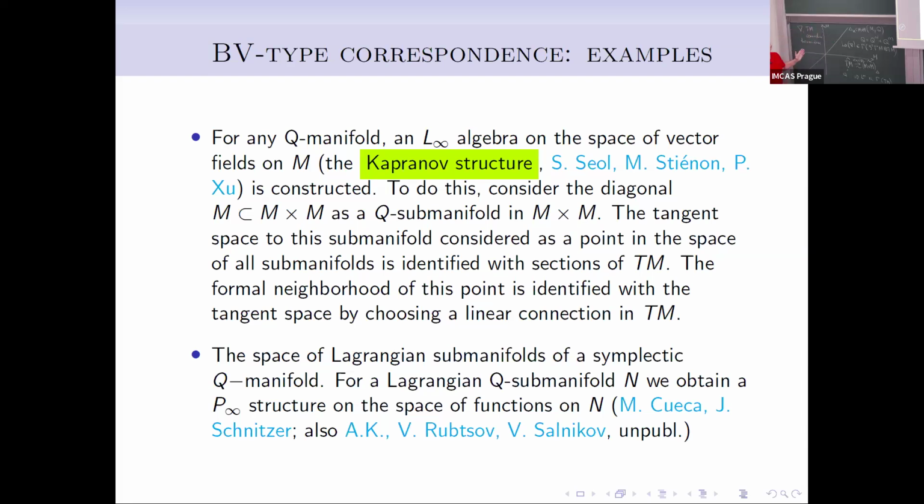It's a big Q space. So this particular Q submanifold, which is the identity, is the element of the zero locus. And if we look at the formal neighborhood, then this formal neighborhood will be identified with sections of TM. Okay, and the corresponding L infinity structure is precisely the Kapranov structure.